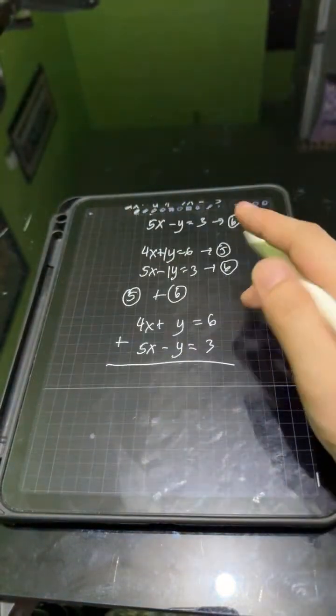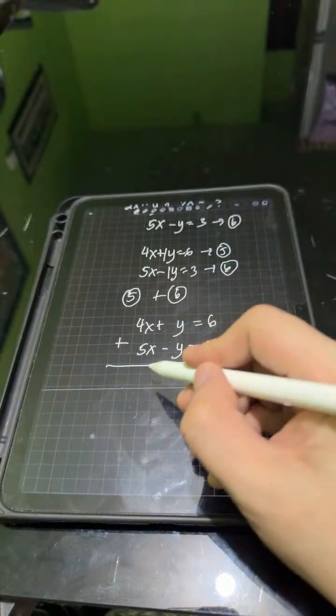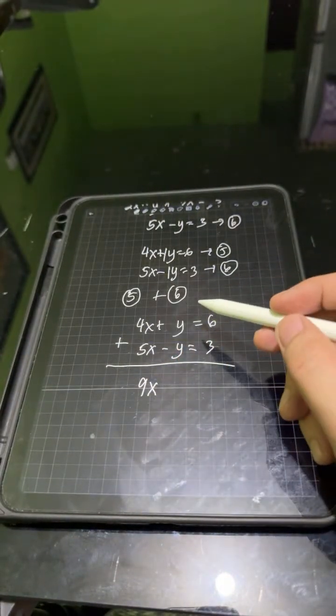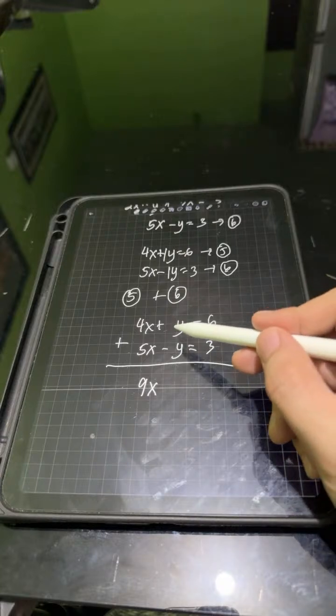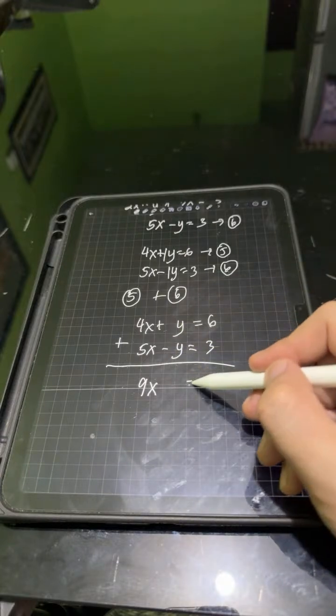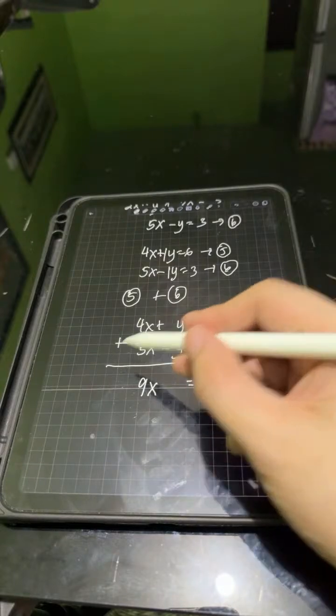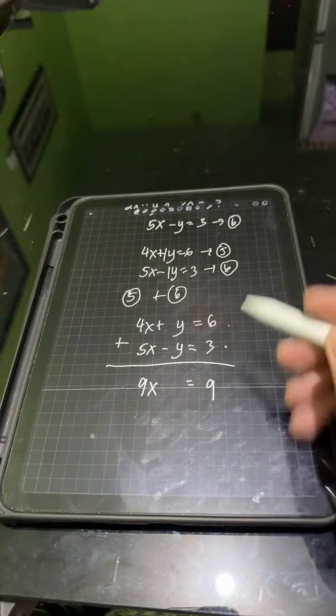If you add them, 4x plus 5x is 9x. Then y plus negative y is 0. We already eliminated the y. And for the right side, we add 6 plus 3, which is 9.